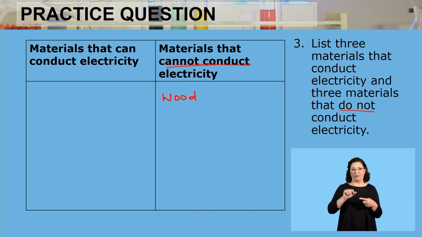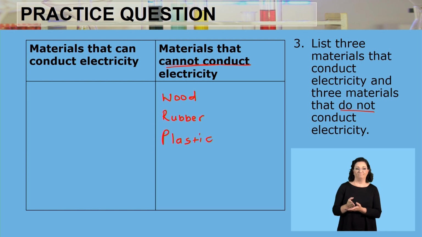It doesn't allow electric current to pass through. We can also have rubber. That's also another material that doesn't allow electrical current to pass through. And then lastly, we can have maybe plastic as a material that also doesn't allow electric current to pass through.